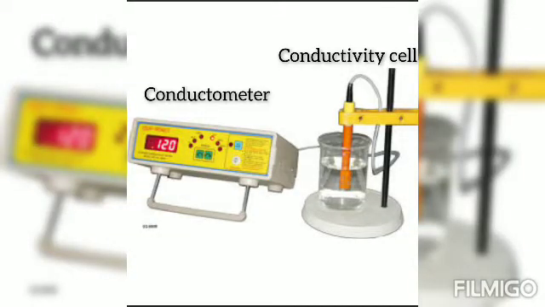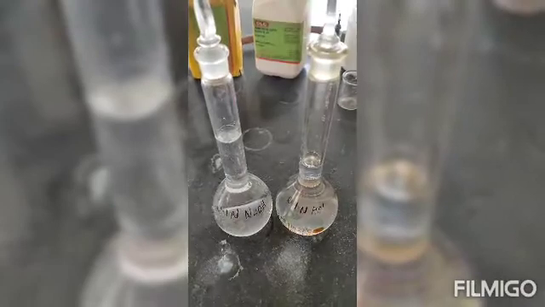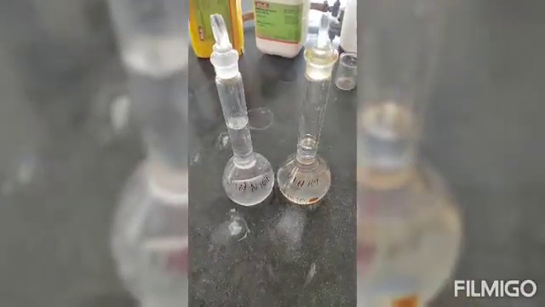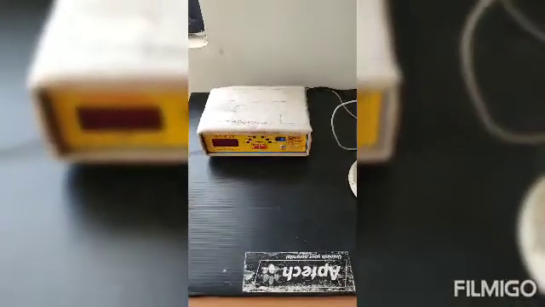Here is the diagram of the conductometer and conductivity cell. First of all, we have to prepare 0.1 normal NaOH solution and 0.1 normal HCl solution. This is the conductometer and this is the conductivity cell.